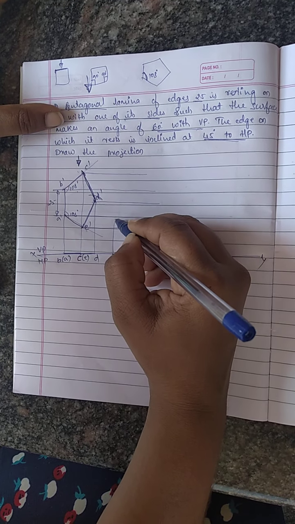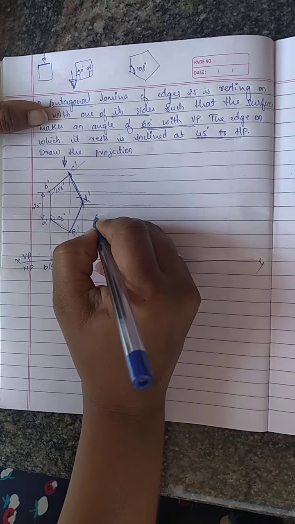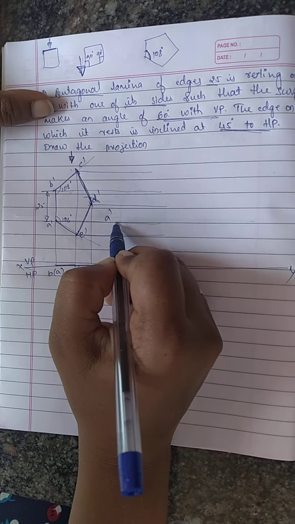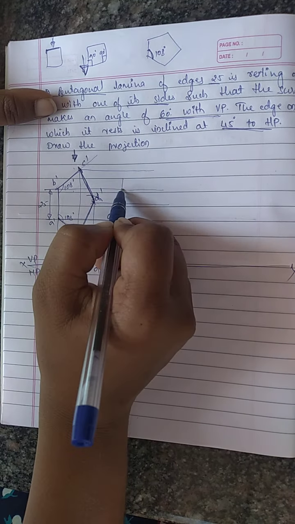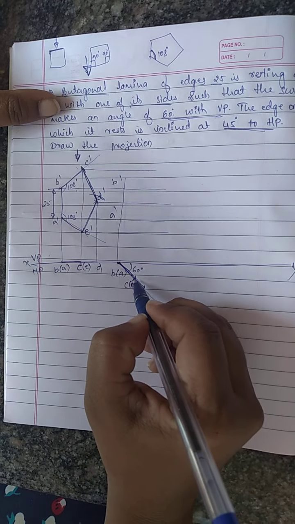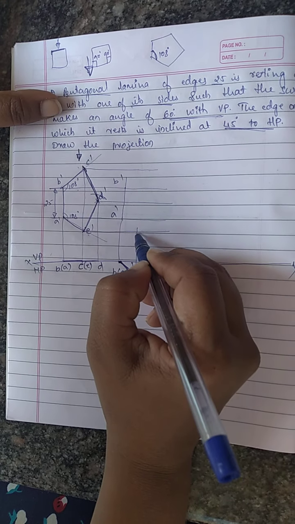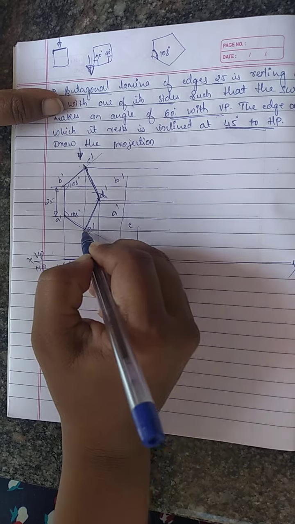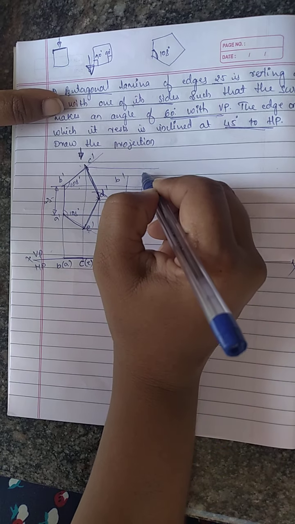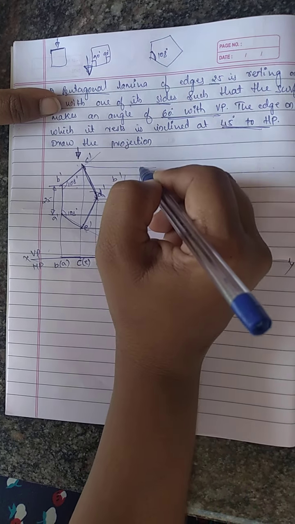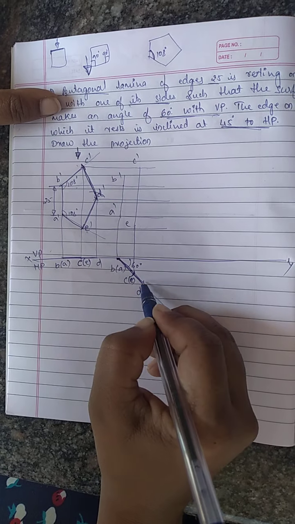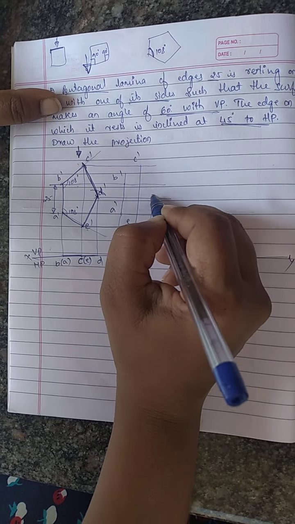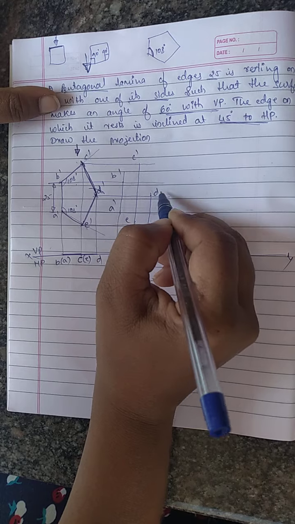So from A to A is here, A dash, B to B is here. This point will be B dash. Same way, this point is E, E to E. Extend the same line. Because C is here, C to C. This will be C dash. Same way, D to D. D is here. This is D dash.